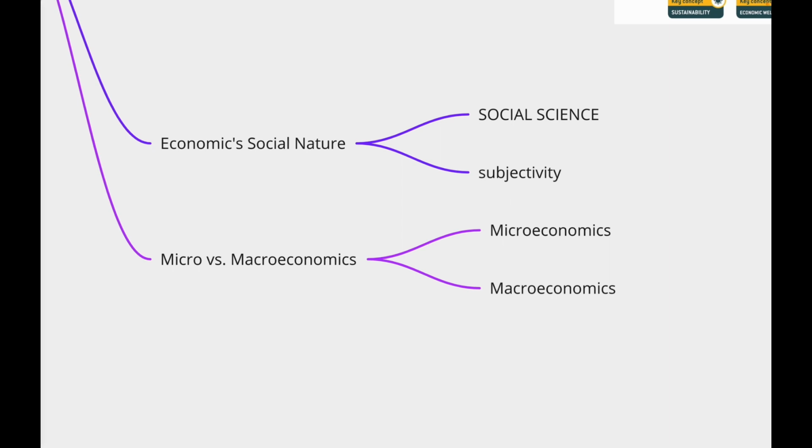So, how consumers decide which goods and services to purchase will depend on their preferences and their income. How firms decide what to produce and what combination of resources to use will depend on profit maximization. These are just examples of what microeconomics explores.